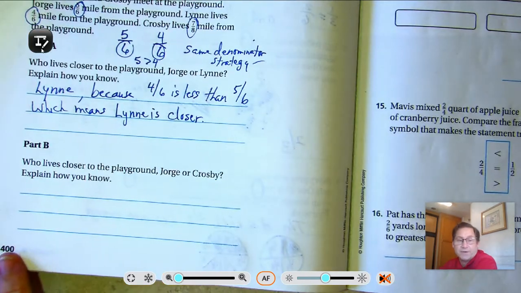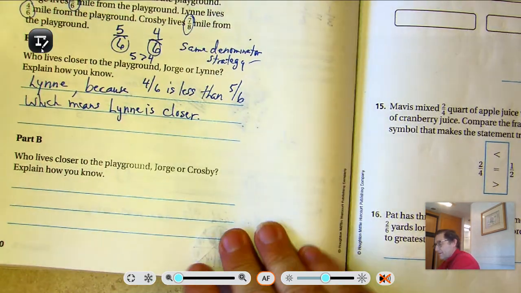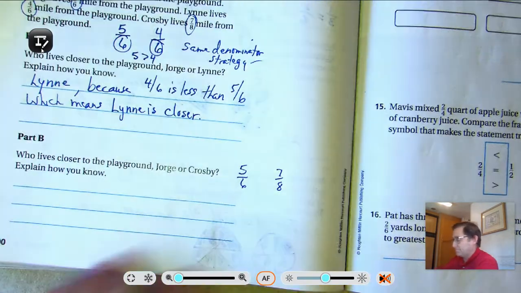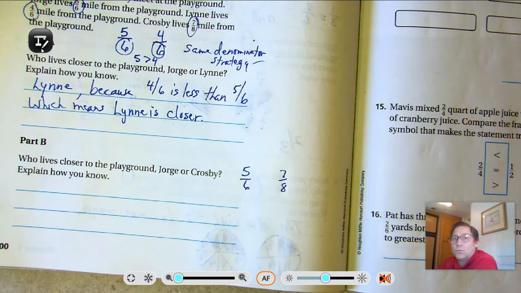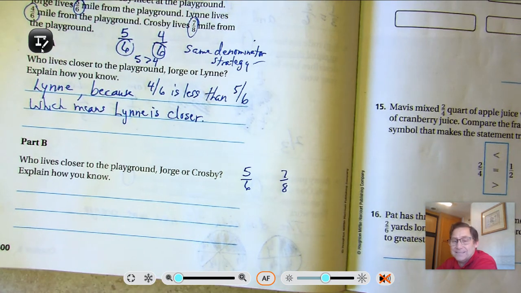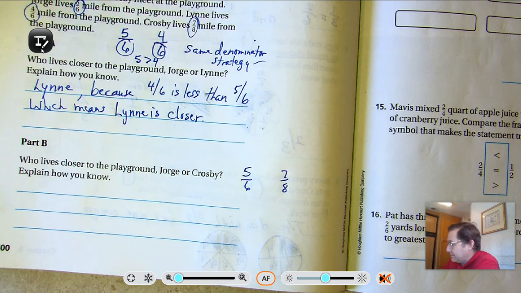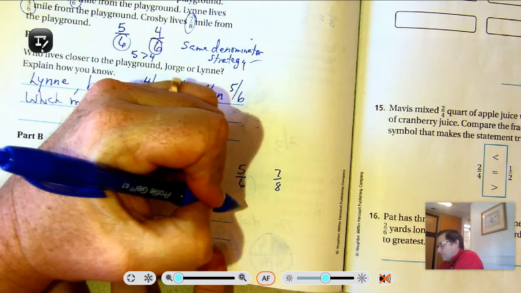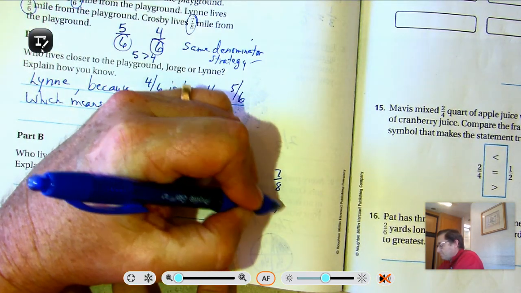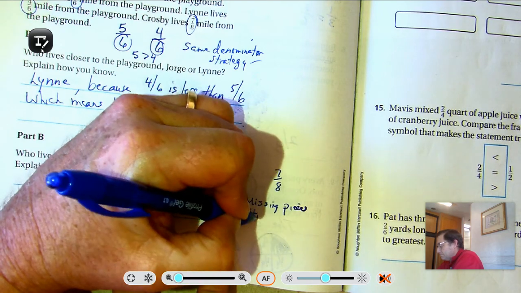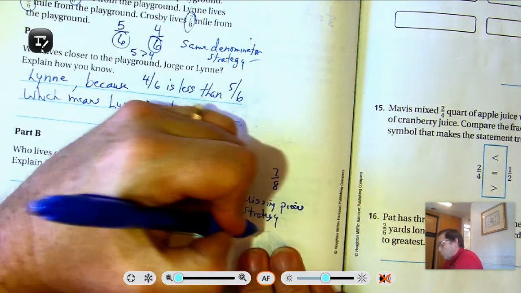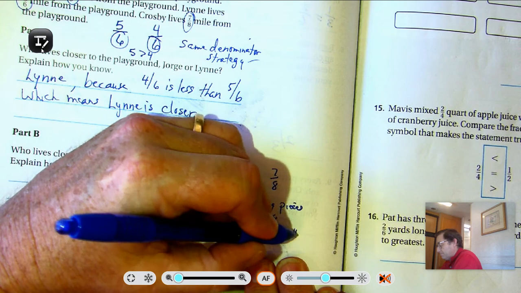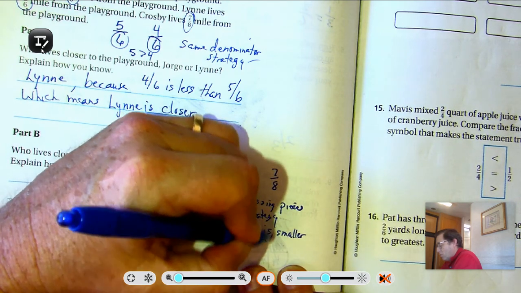Who lives closer to the playground? Jorge or Crosby? Jorge 5/6, Crosby 7/8. So we want to know who has the shorter distance. This is 7/8 of a mile, and this is 5/6 of a mile. So we're going to have to use the missing pieces strategy. So 1/8 is smaller than 1/6.